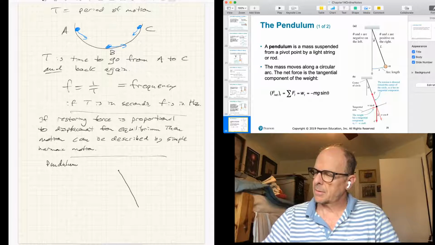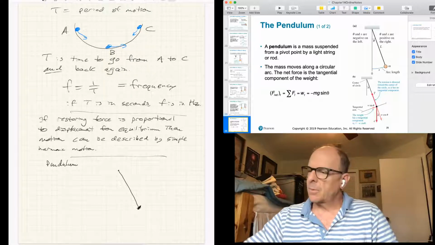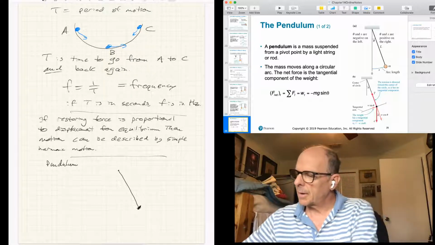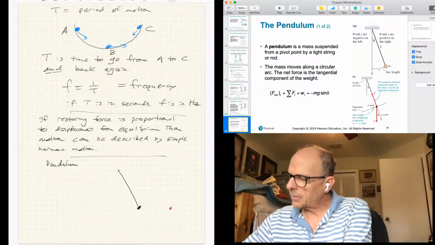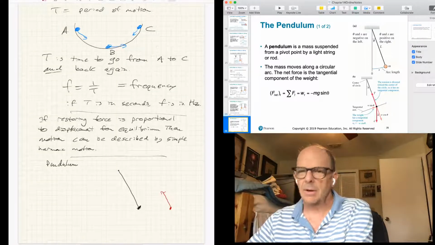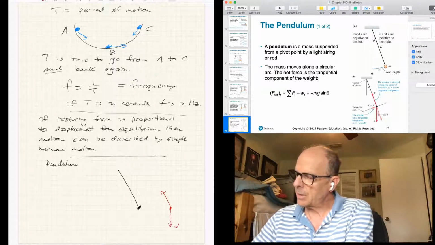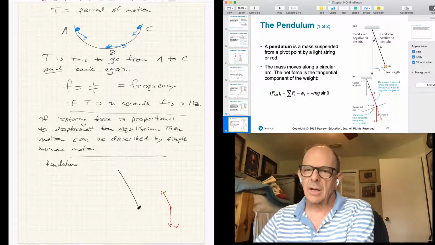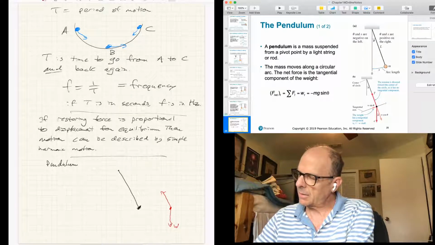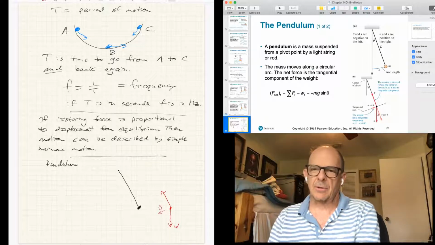What are the forces that are acting on this thing? Tension up along the string, and weight down, but the motion is this way because it's constrained.